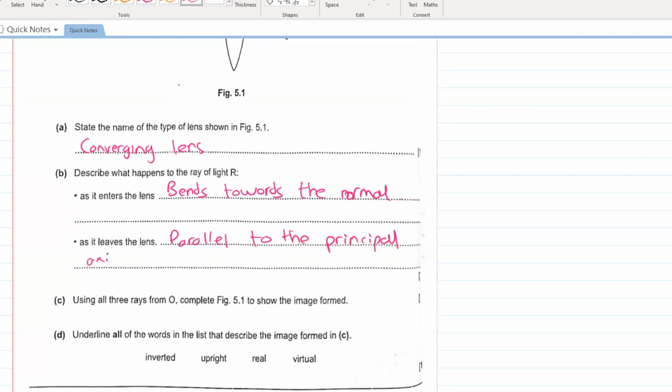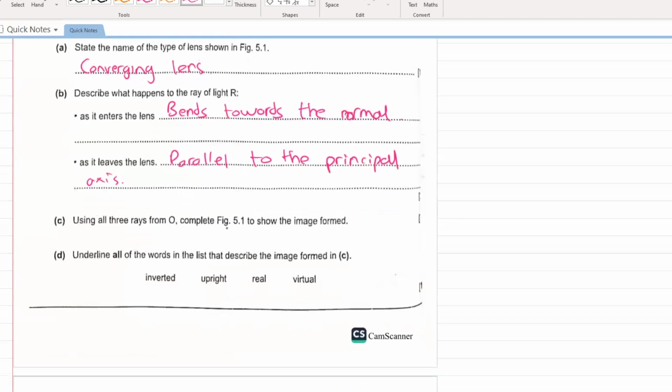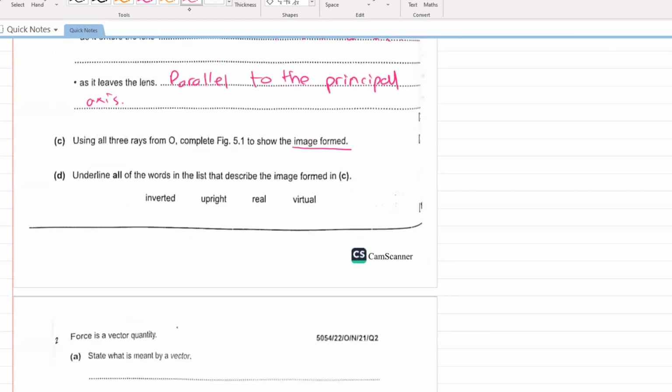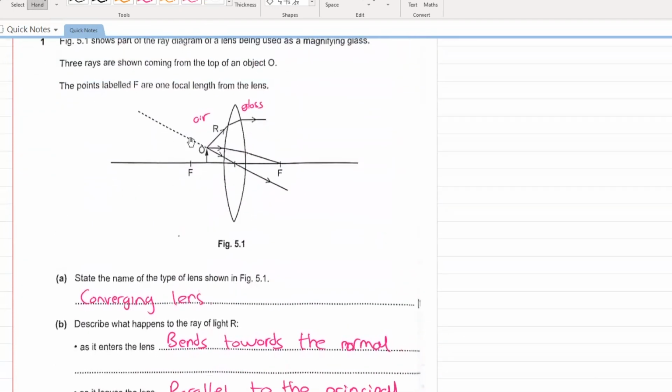Using all three rays from O, complete figure 5.1 to show the image formed. Very easy. You already have one ray extended. You can then take this ray and extend it backwards like this.